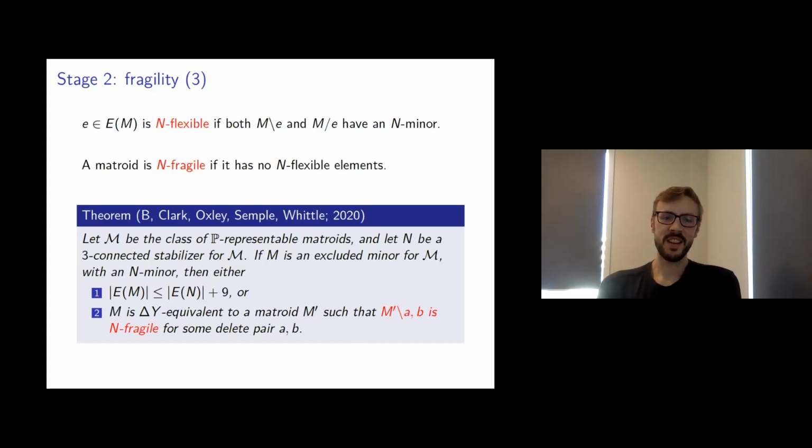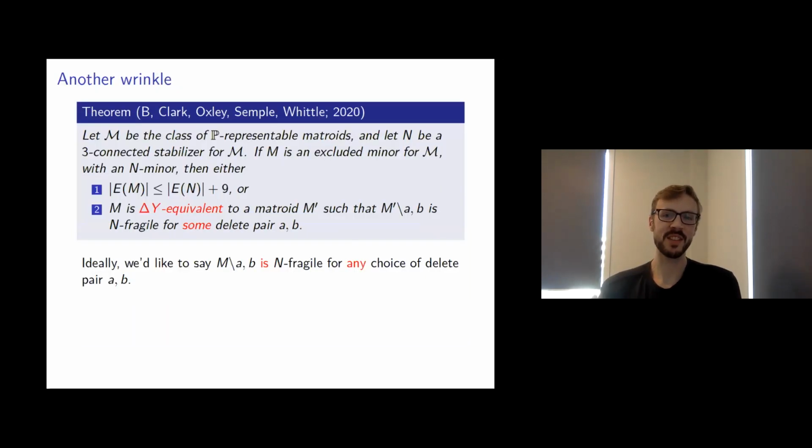So as I've stated it here, it's not quite enough for what you'd like in order to bound the size of fragile matroids, due to the fact that you might give me some delete pair and I give you back some other delete pair and say, oh, M's fragile with respect to this other delete pair.